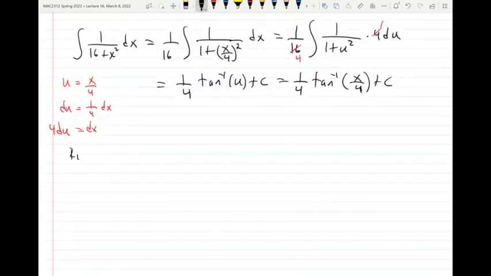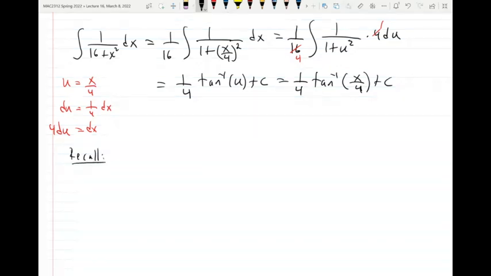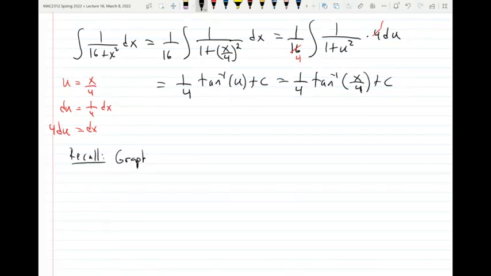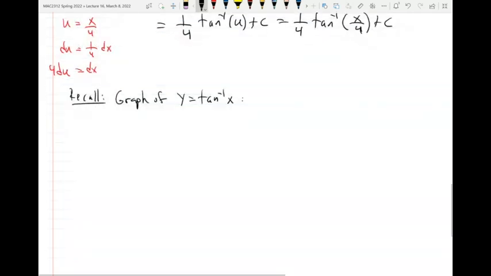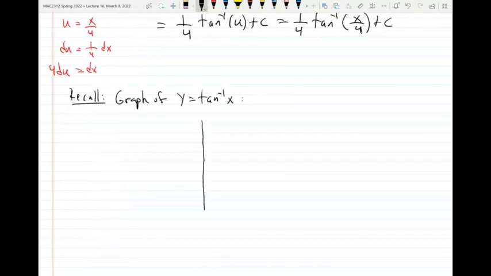So recall the graph of inverse tangent. So remember, this is the inverse function of the tangent function. And remember, the restriction of the tangent is quadrant 1, quadrant 4, so from negative pi over 2 to pi over 2. So that restriction on the x, now that will be your interval on the y.